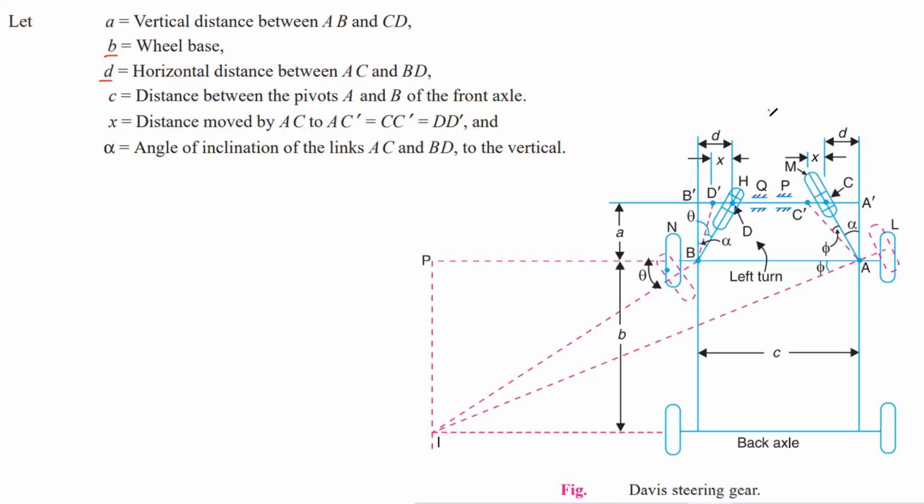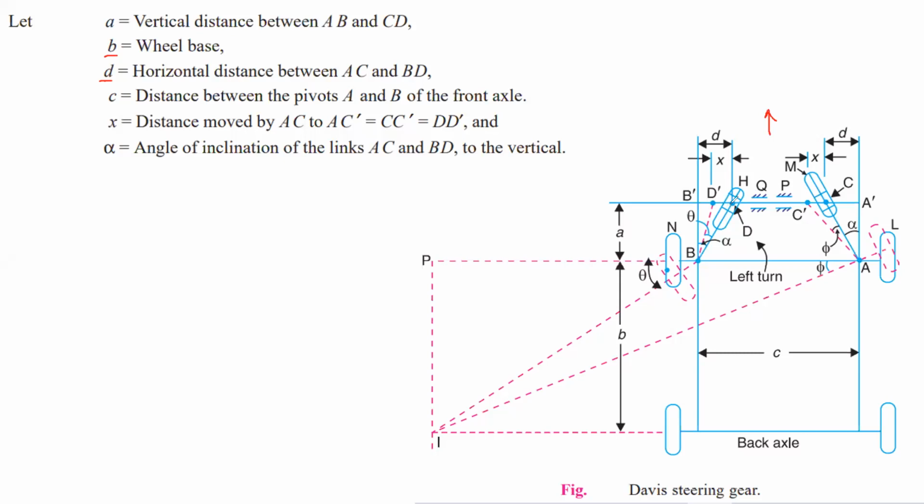When the vehicle is moving in a straight path like this, the horizontal distance between point B and point D is denoted as D. This distance between point D and point B will change when you slide the rod CD to the left or to the right.